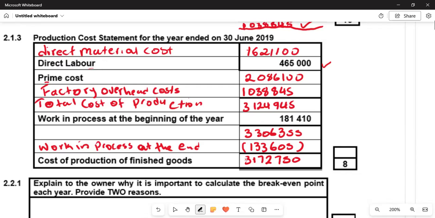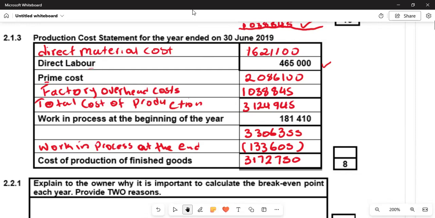So this is how it goes, because the work in progress at the end of the year, we always subtract it. When you subtract work in progress from this amount, then it will give us the cost of production of finished goods. So this is how we are to do the production cost statement. Hope we are still on one page.